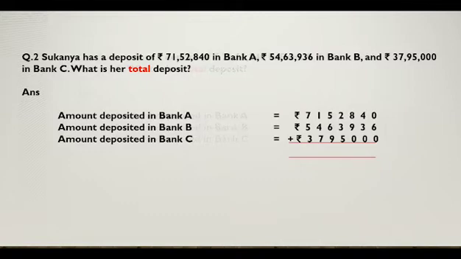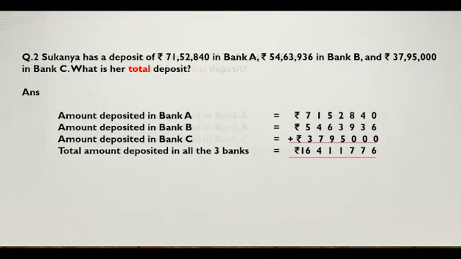Amount deposited in bank C is 37 lakh 95,000. We will add all the amounts to find the total amount deposited in all the 3 banks. So Sukanya's total deposit is 1 crore 64 lakh 11,776.